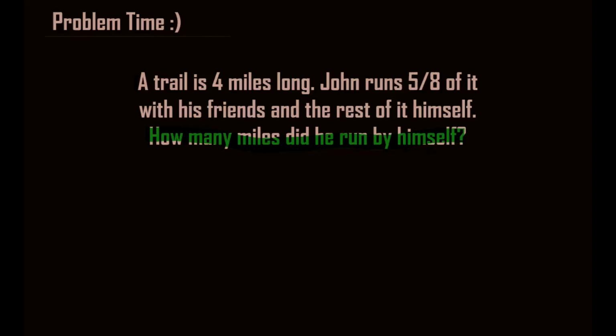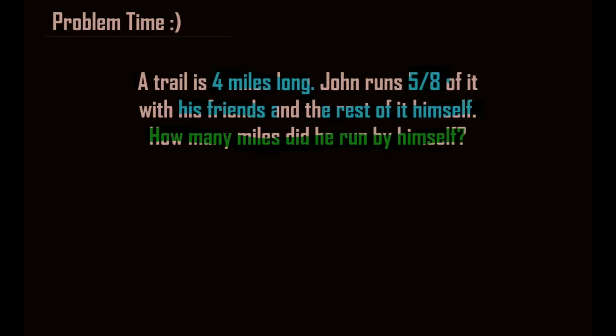So let's highlight or underline or write down, whatever you prefer, the important points of the question. First we have a trail is 4 miles long. That's important, we need that. And then John runs 5/8 of it with his friends and the rest of it himself. Those are the important details that we need.